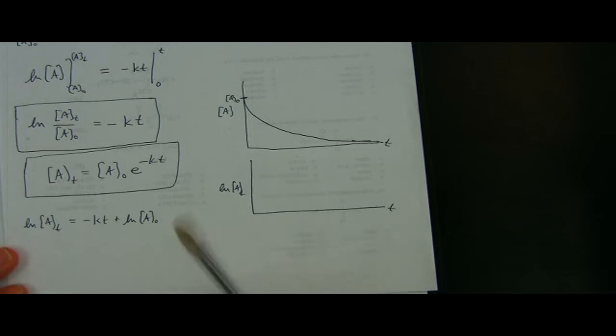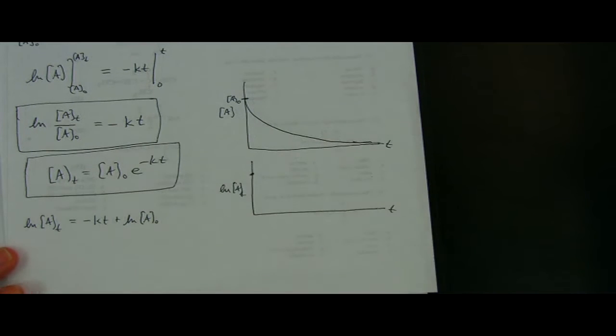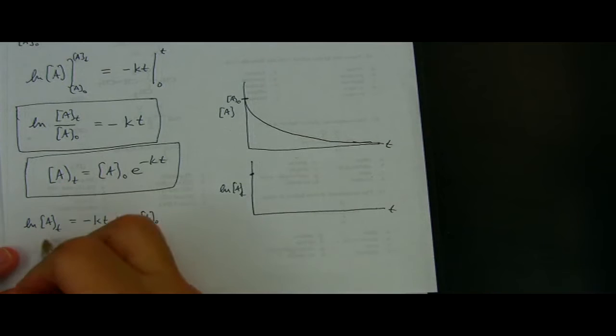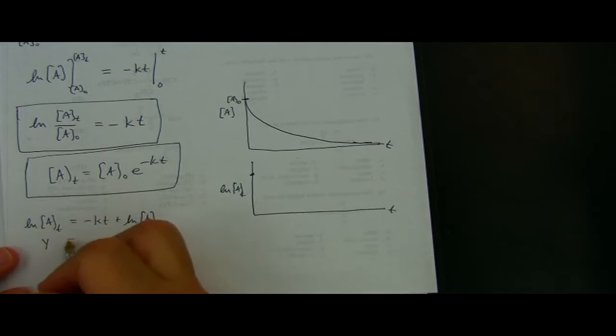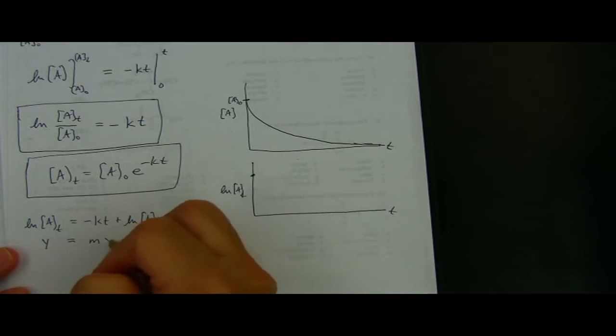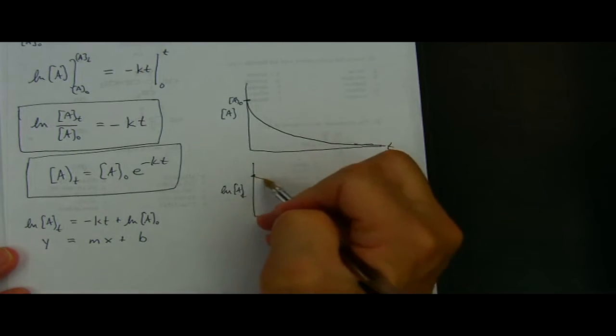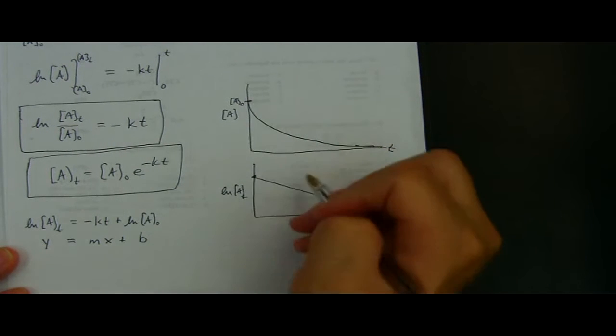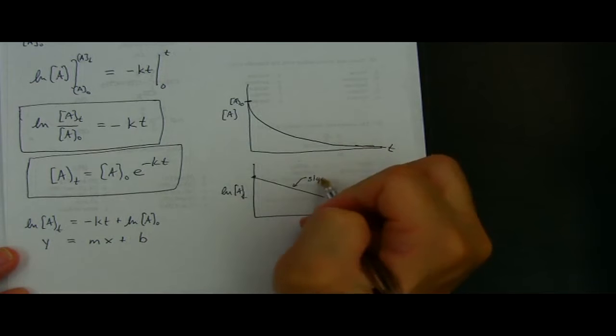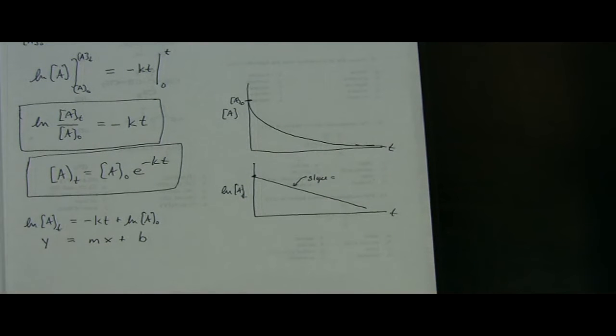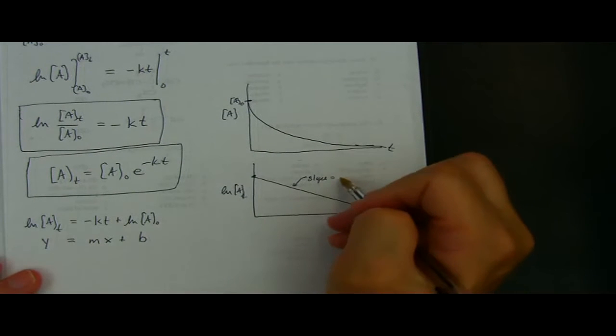So what is this going to look like? This has an equation of y equals mx plus b. It's going to be a nice straight line. And what does that slope equal to? Actually, minus k.